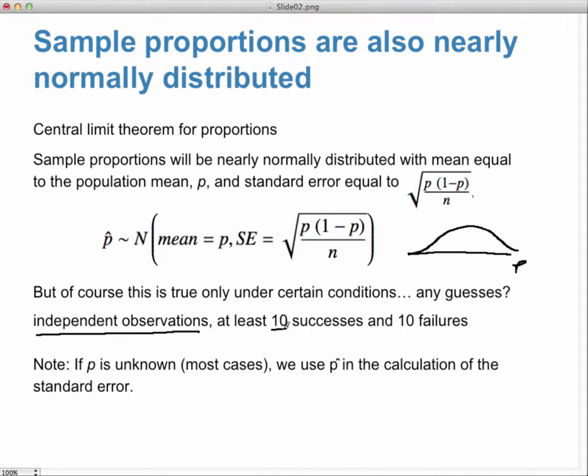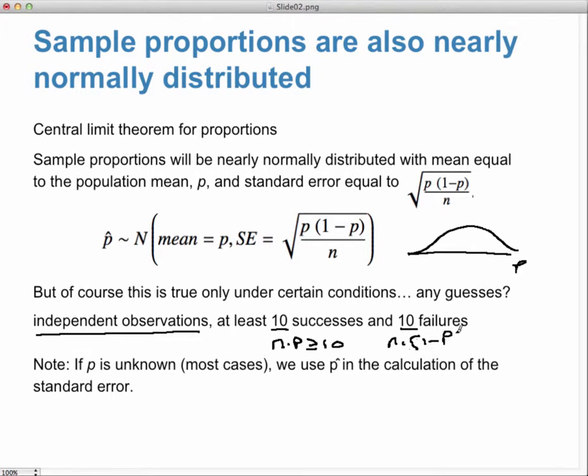But there's another criterion here, and it says you're going to have 10 successes and 10 failures. And what that means is that n times p has to be greater than or equal to 10, and then n times 1 minus p, excuse me, I'll make a quick little correction here, 1 minus p being the probability of failure, that also has to be greater than or equal to 10.